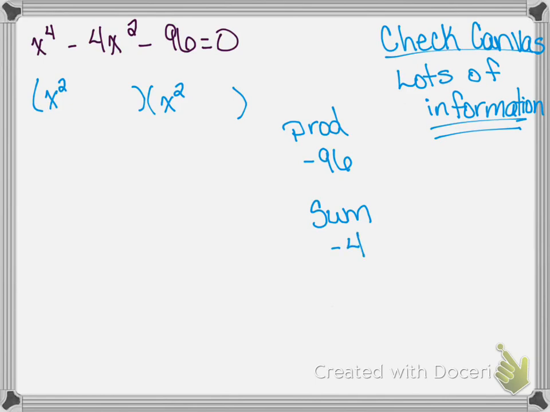Now, you might not immediately recognize the two numbers that multiply together to give me 96. Okay, but remember, I want you to be familiar with numbers up to 12 times 12. Negative 96 is actually divisible by 8. So it's 8 times 12.